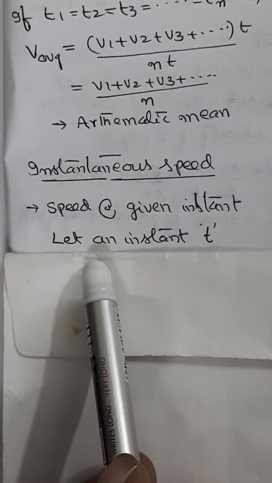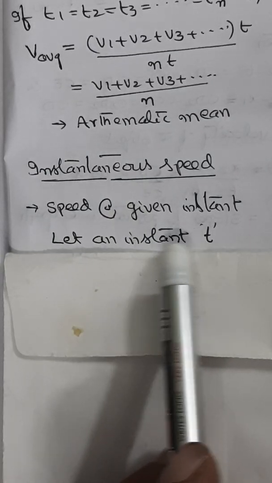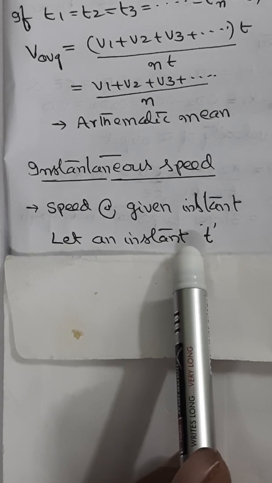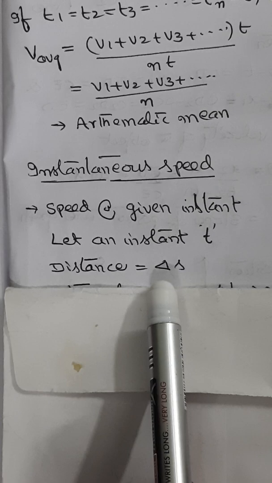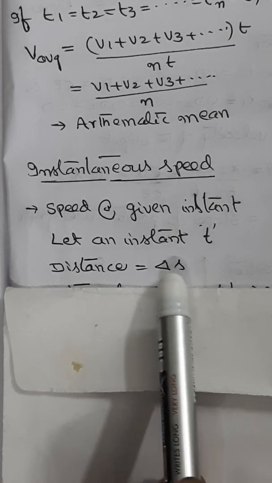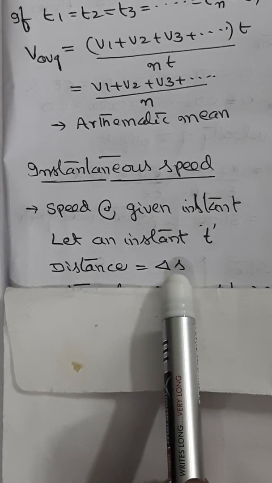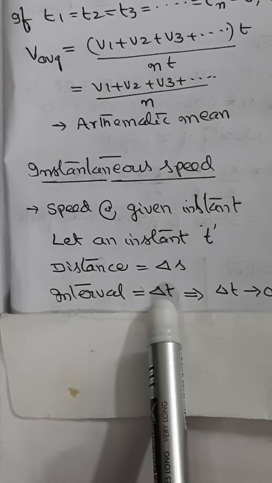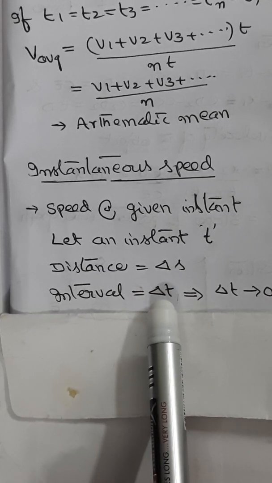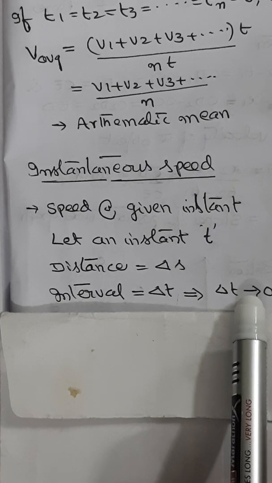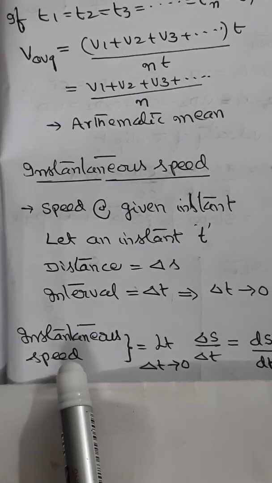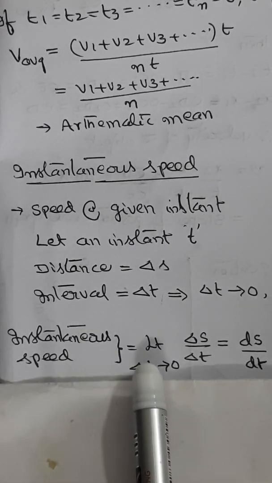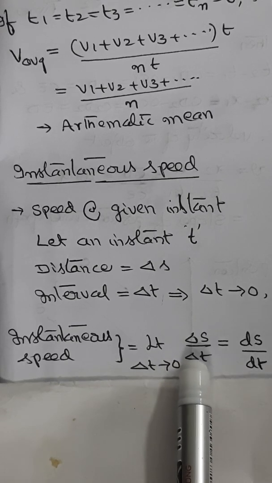For example, let at an instant t, an object while moving cover a small distance delta s in a small interval of time delta t, so that delta t is tending to 0. Then you can write instantaneous speed as a limit: instantaneous speed is nothing but the limit as delta t tends to 0 of delta s by delta t.